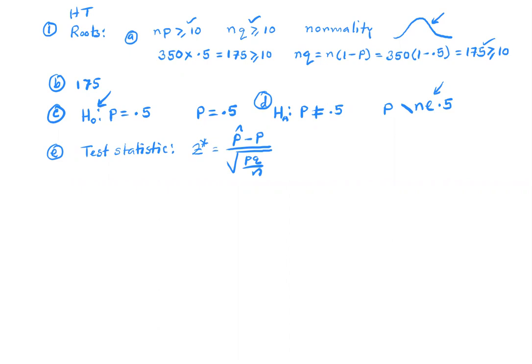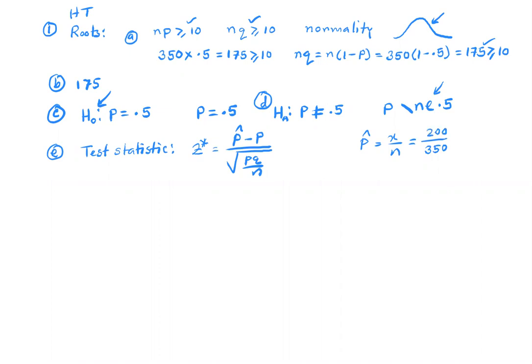P hat, by the way, is X over N. Now, if you look at the problem, your N is 350 because you surveyed 350 people. How many said they have heard of or have seen the show is 200.